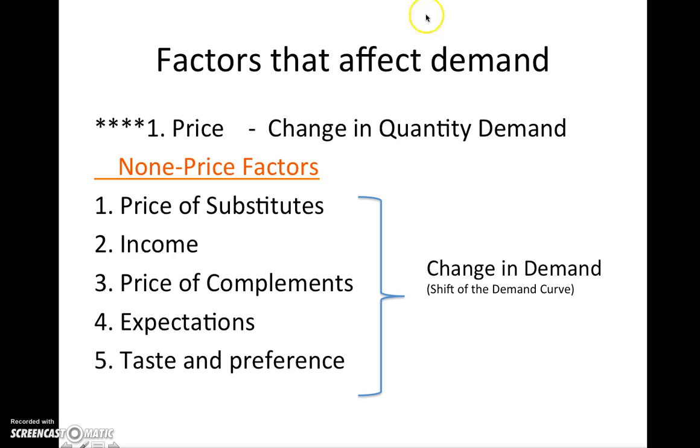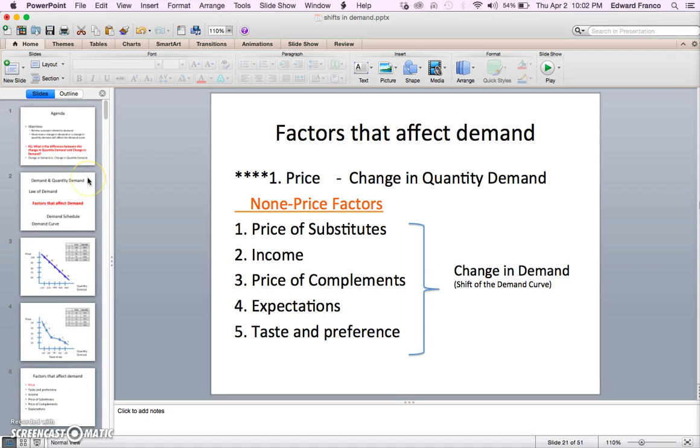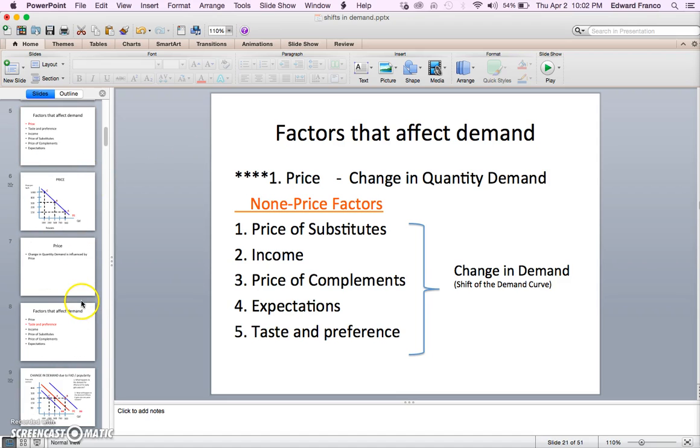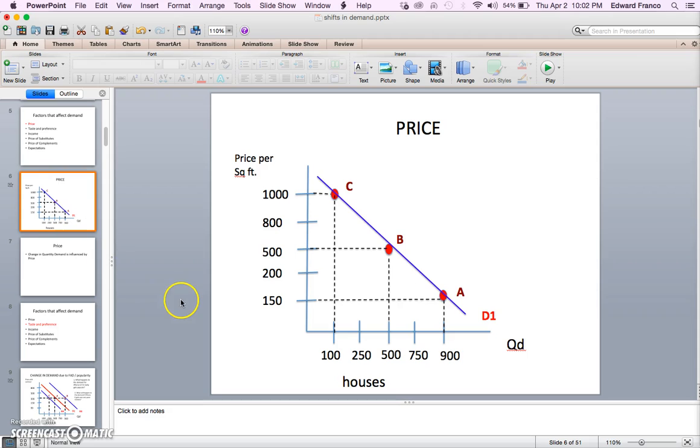If it is the price that affects your quantity demand, this is what we call the change in quantity demand. If I go back to this slide, this is a change in quantity demand. As you can see here, the quantity demand changes as the price changes.